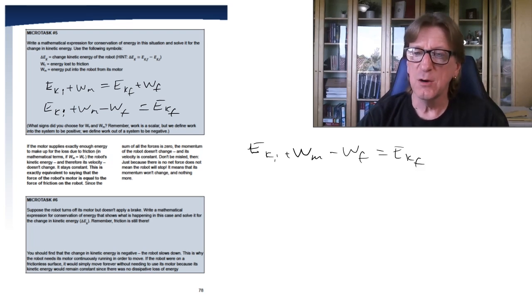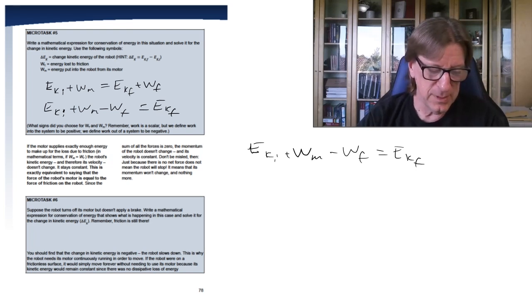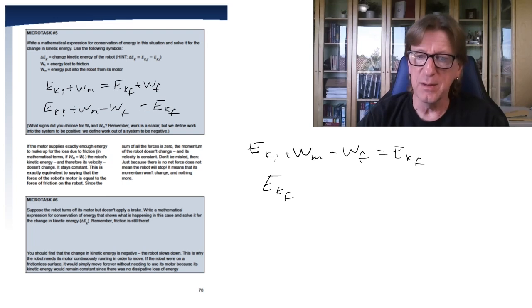Okay. Our change in energy then is just EKF minus EKI, right? So EKF, bring my EKI to the other side, and it becomes a negative. That's good, that's what we want. And that must be equal to what's left over here, WM minus WF. So this is my change in kinetic energy.